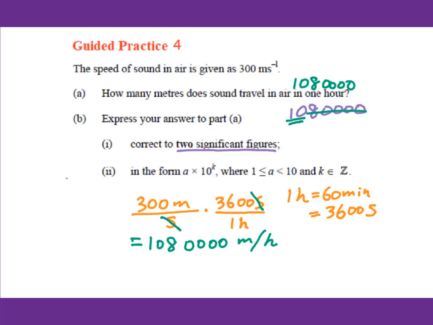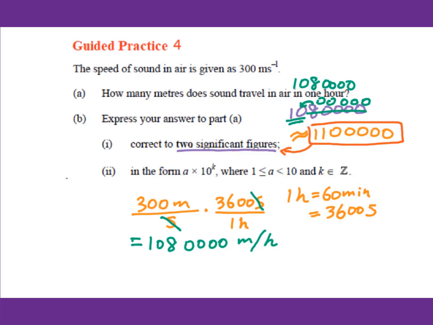So cross this out. This 8, you have to round up. So change all into zeros. So that we will get 110000. This will be the solution to this question.